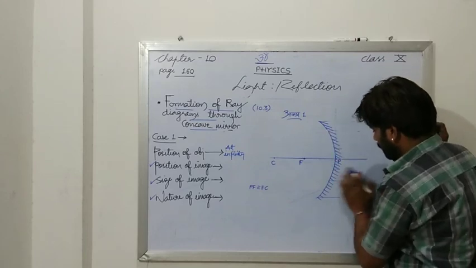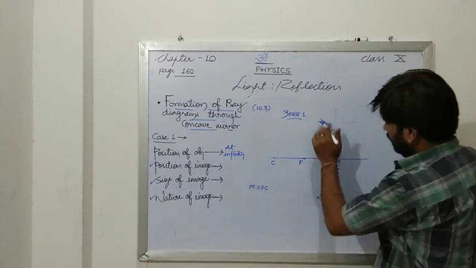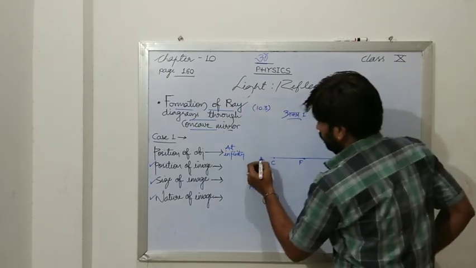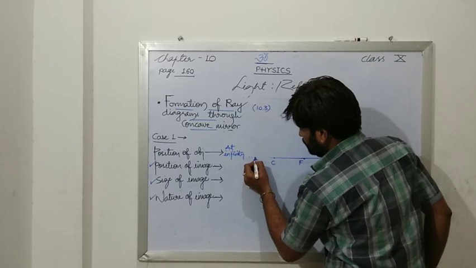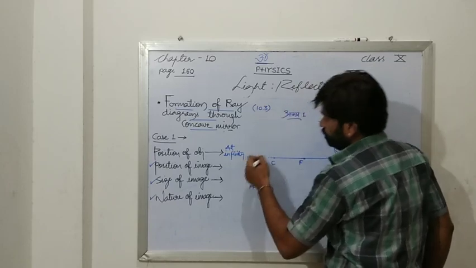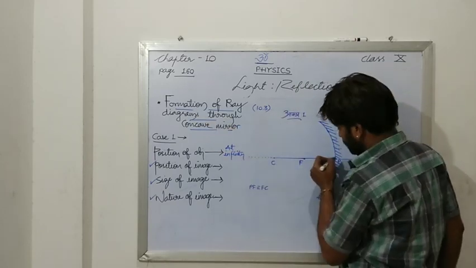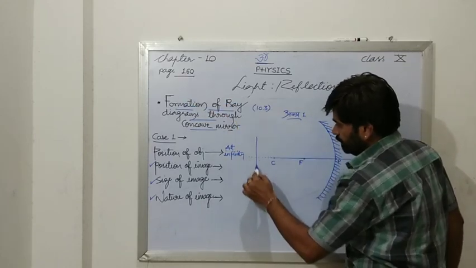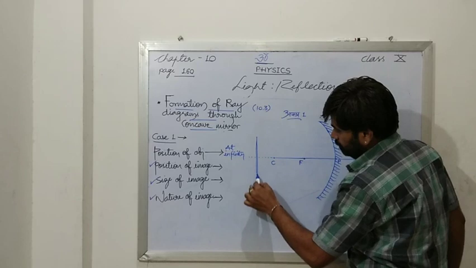No problem. Now we are remaining with the mirror and the principal axis. Now suppose this dash line shows that the object is at infinity, or this principal axis is tending towards infinity.